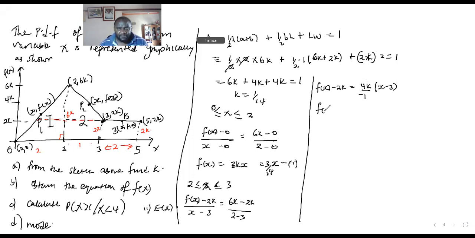This will give us f of x is equal to 2k minus 4k into x minus 3.